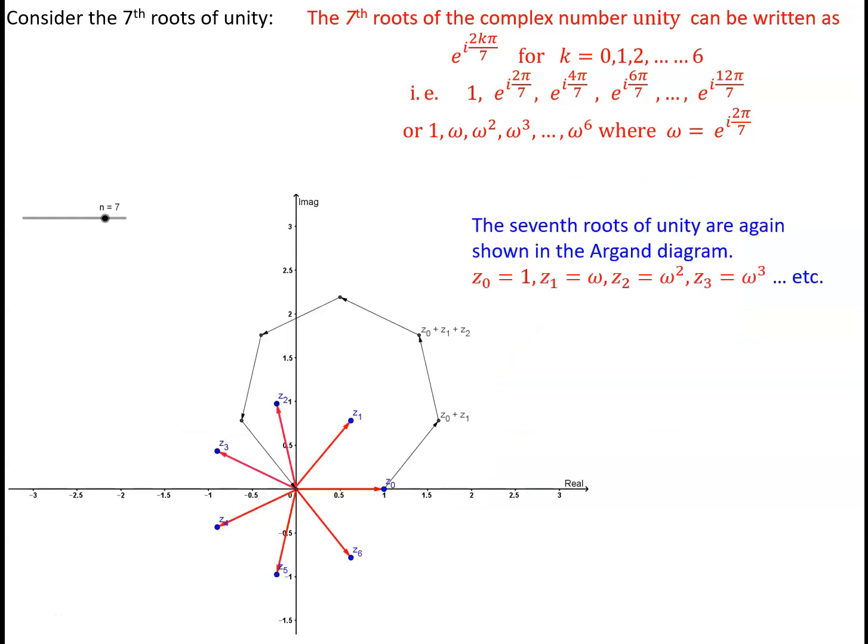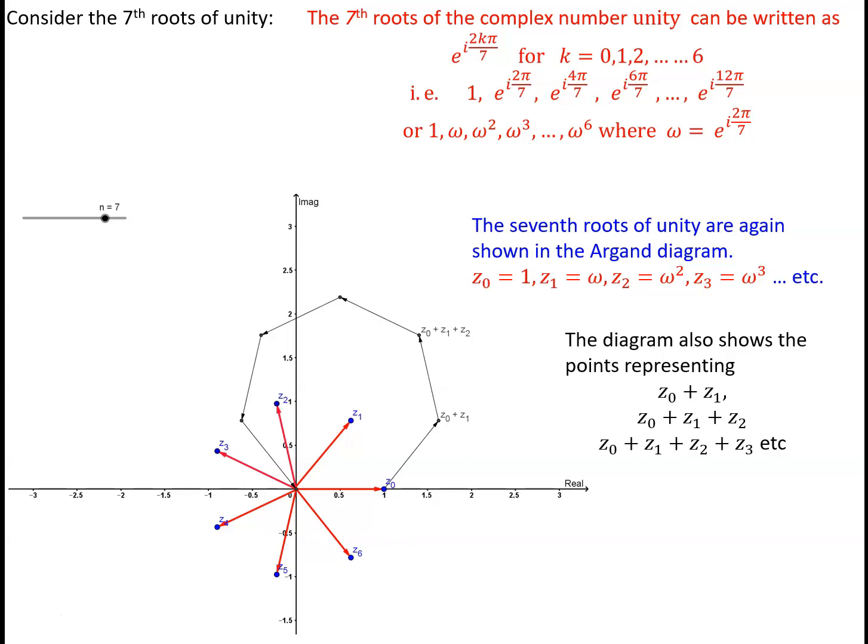And in this second diagram, we've got the seventh roots of unity again shown, but this time we're also showing the results of working out z0 plus z1, z0 plus z1 plus z2, then z0 plus z1 plus z2 plus z3, then z0 plus z1 plus z2 plus z3 plus z4, plus z5, and finally z0 plus z1 plus z2 plus z3 plus z4 plus z5 plus z6.